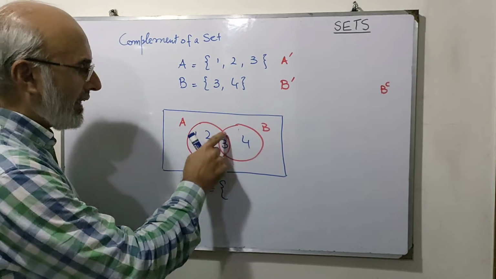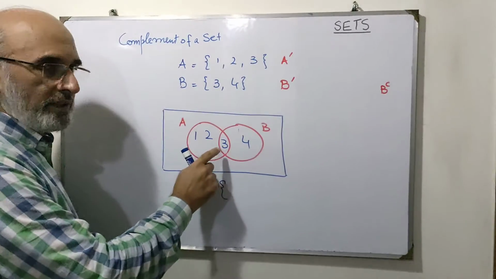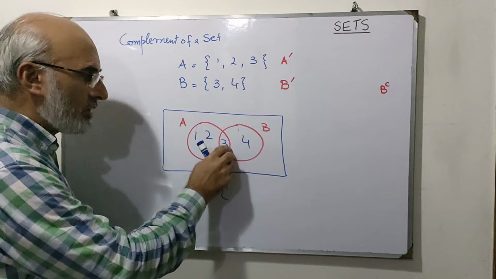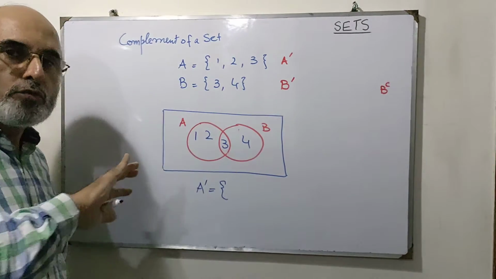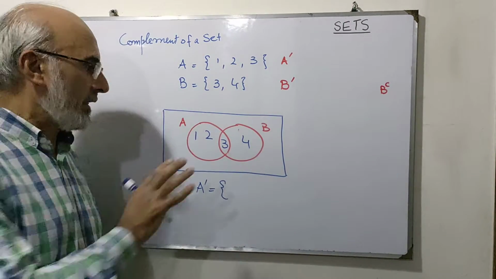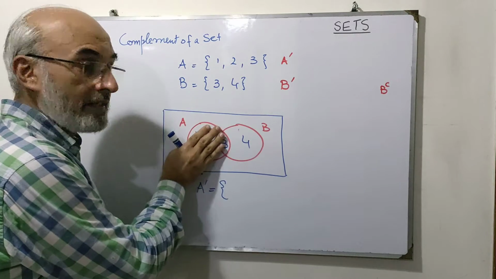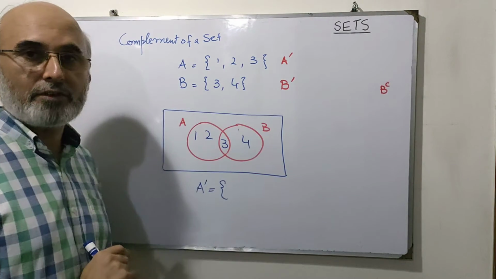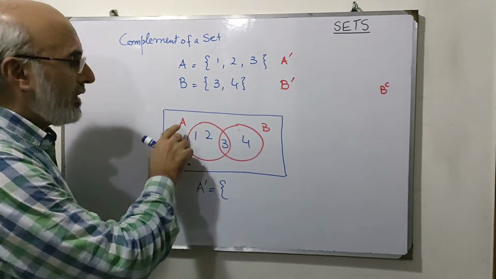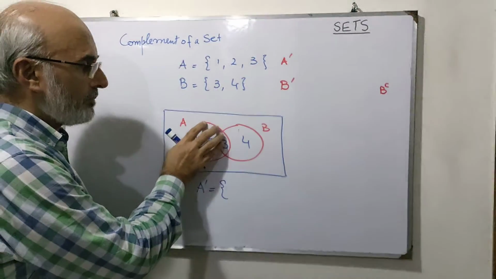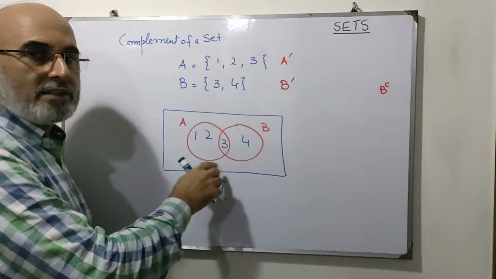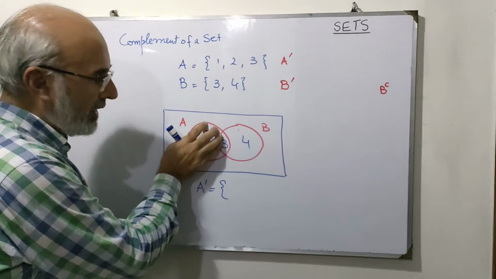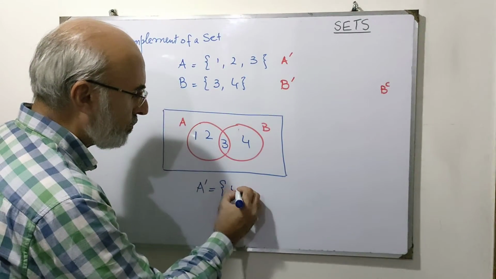So in the set A, what do we have? 1, 2, 3. The complement will be to totally remove all the elements in this and see what is left. If we remove all these 3 elements, in our case the only thing left is 4.